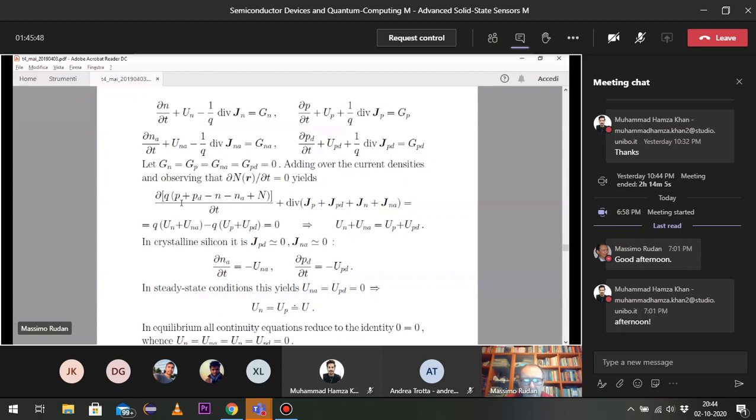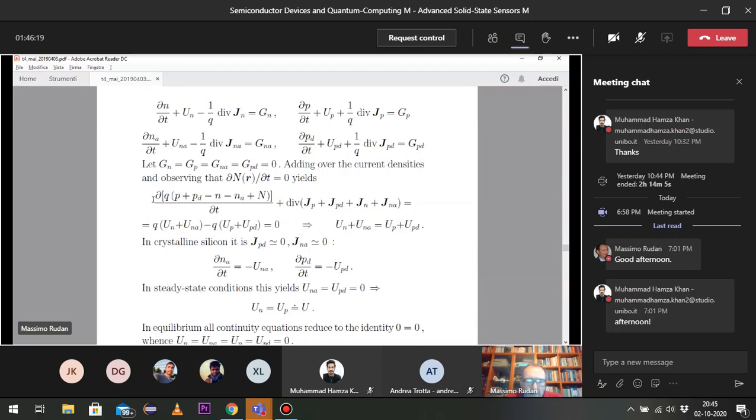Now you see immediately that we have a global continuity equation in which we have the time derivative of all contributions to charge density, because there is the population of the holes of the band, the population of the electrons of the band, the population of the trapped particles, PD and Na, and finally the dopant.